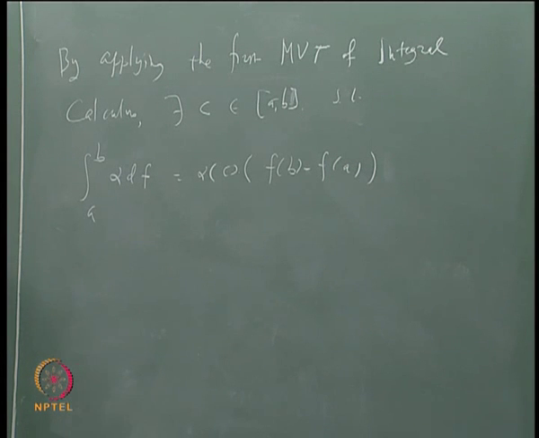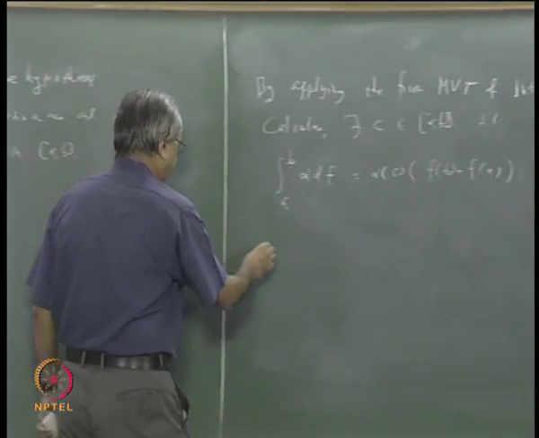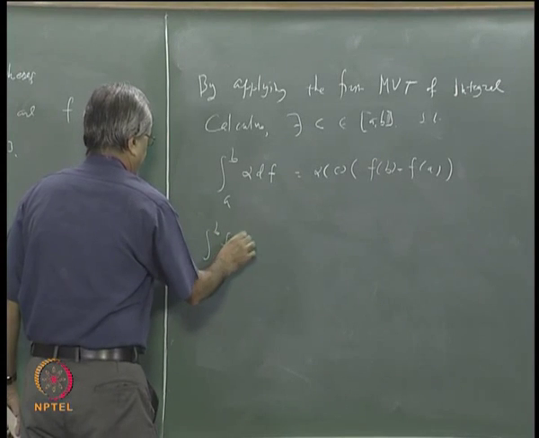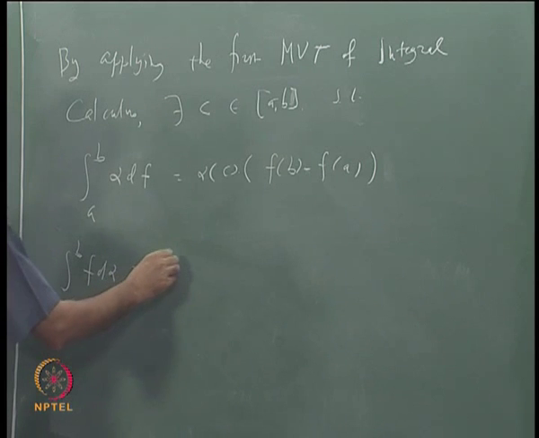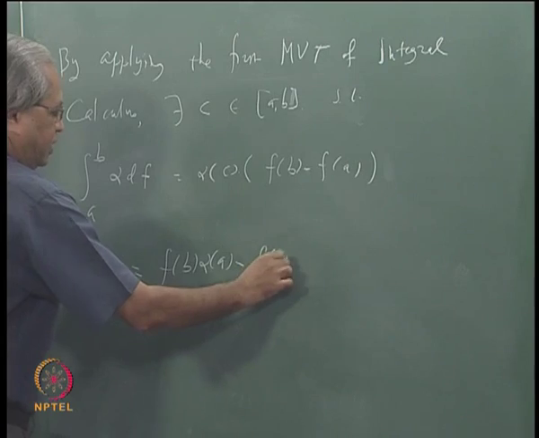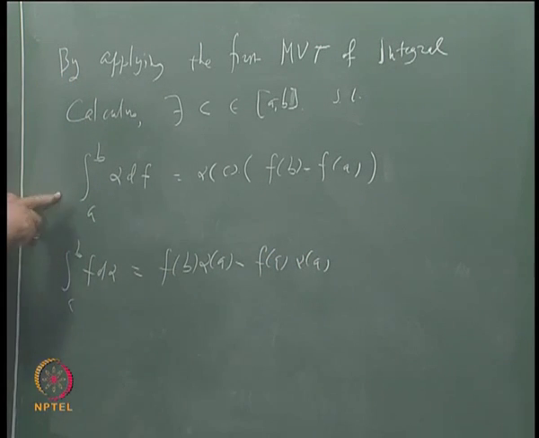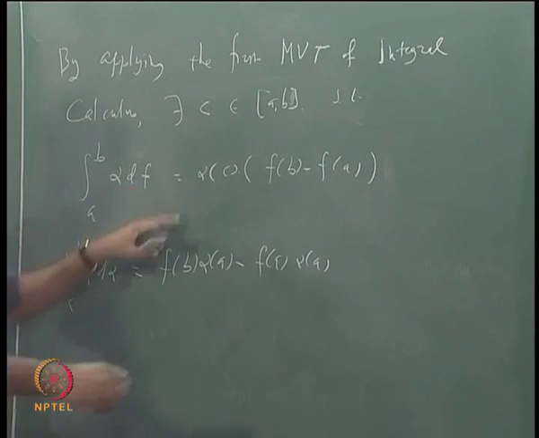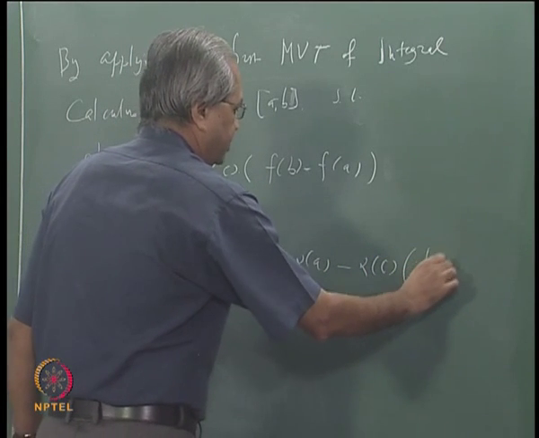Now you substitute this value here. So what happens, we say the integral from a to b of f d alpha is equal to, those first two terms will leave as they are, f(b) alpha(b) minus f(a) alpha(a), and then minus, for this minus integral alpha df I will write this value, minus alpha at C into f(b) minus f(a).